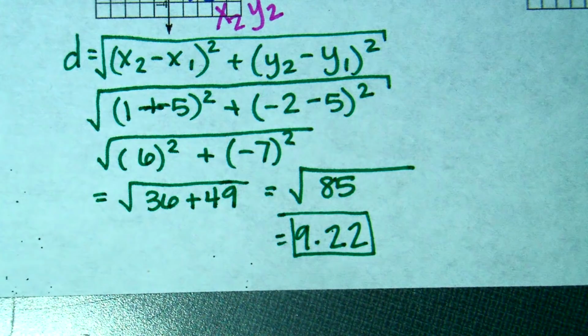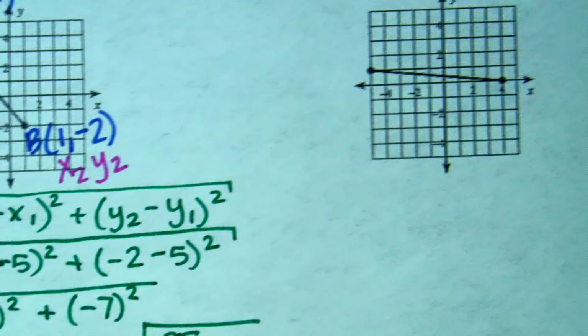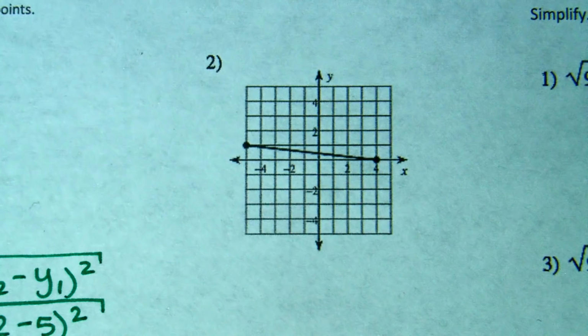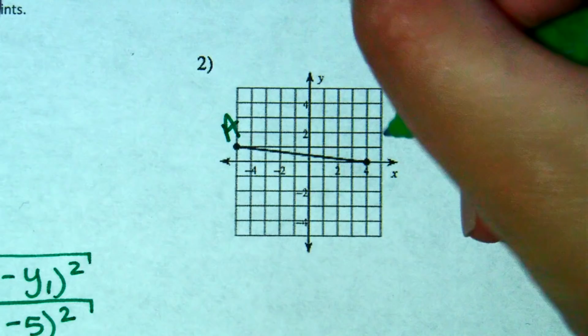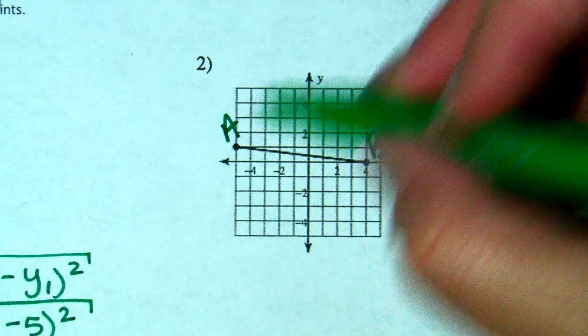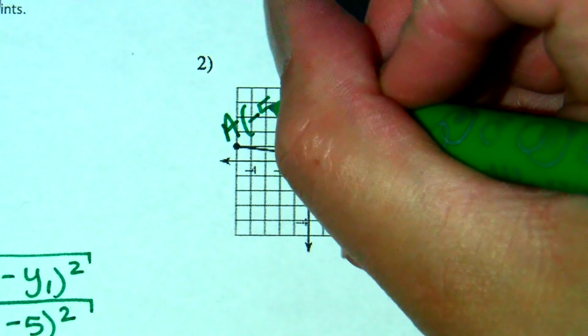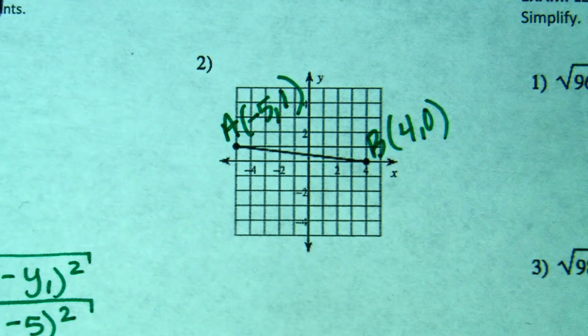Pretty self-explanatory. I think we just have to identify our points correctly and then plug them in. Number 2, we have points A and B. This is negative 5, 1, and this is 4, 0.